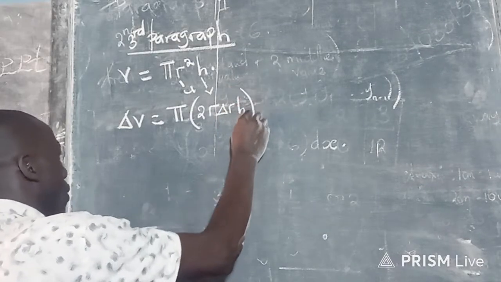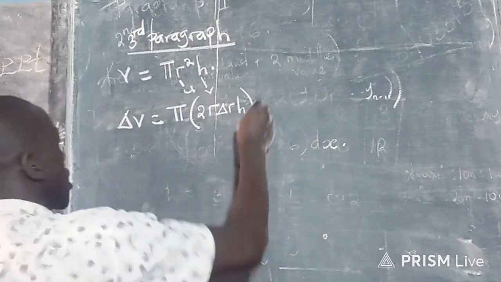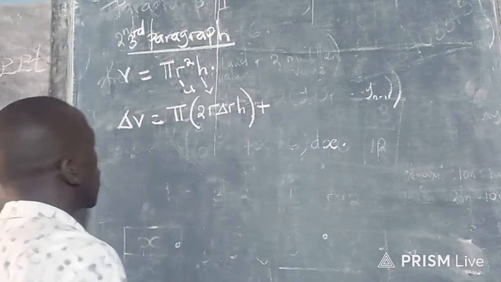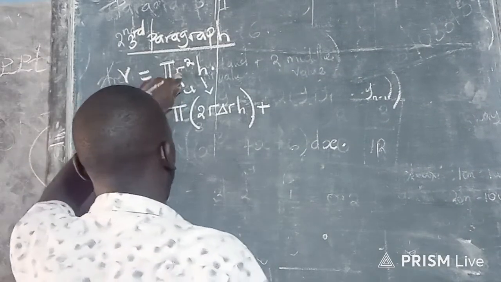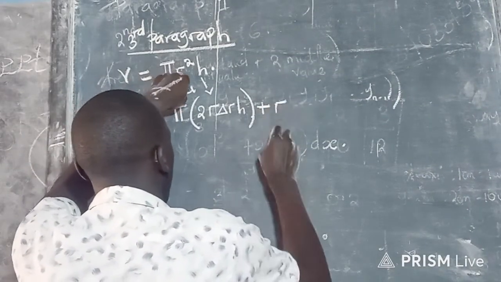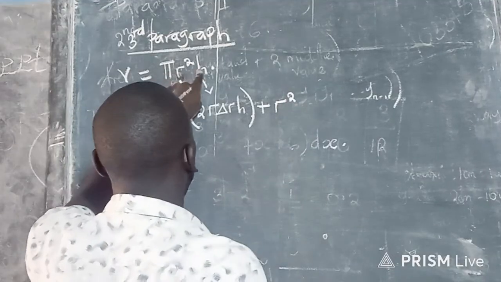Then with the H, at the same time, I will differentiate H, keeping R constant. Meaning here we are going to have the R squared.